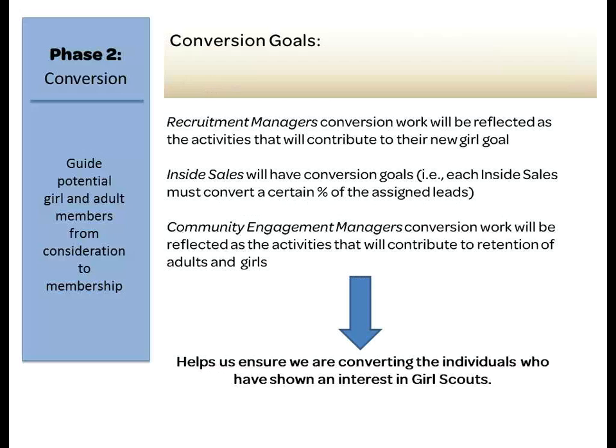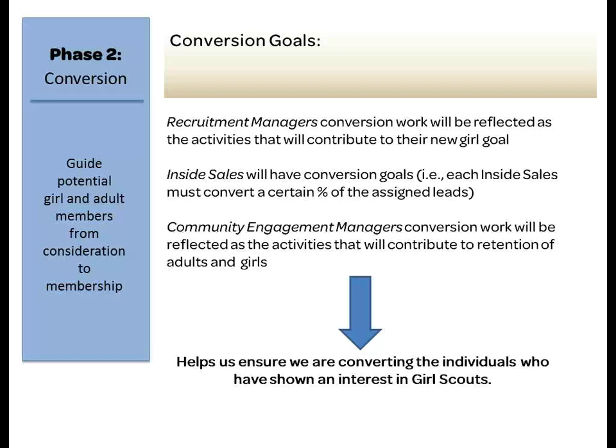We talked about lead generation goals last week, and so we wanted to talk a little bit about conversion goals and what this means for performance goals. Recruitment managers' conversion work will be reflected as the activities that contribute to their new girl goal. This is no different than saying we have to go out and recruit 100 girls or convert 100 members. Inside sales will have conversion goals, so each inside sales team member would be responsible for converting a certain percentage of leads assigned to them.